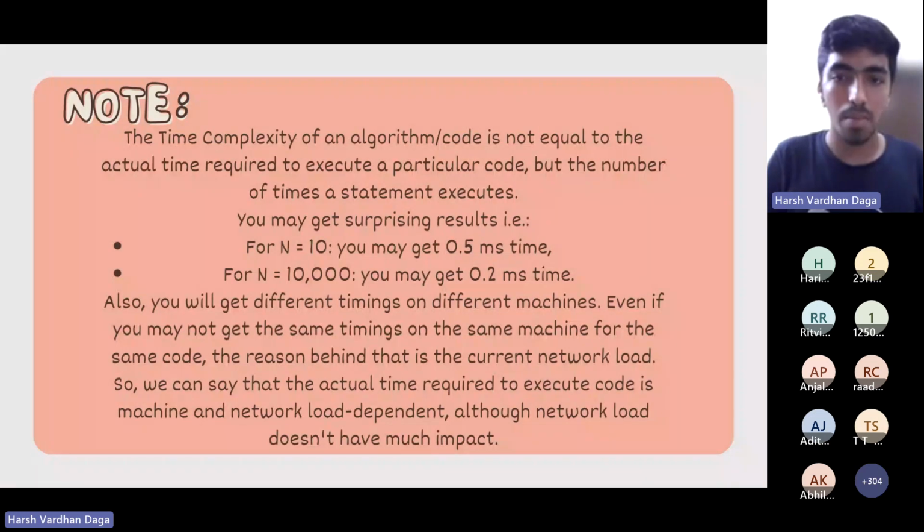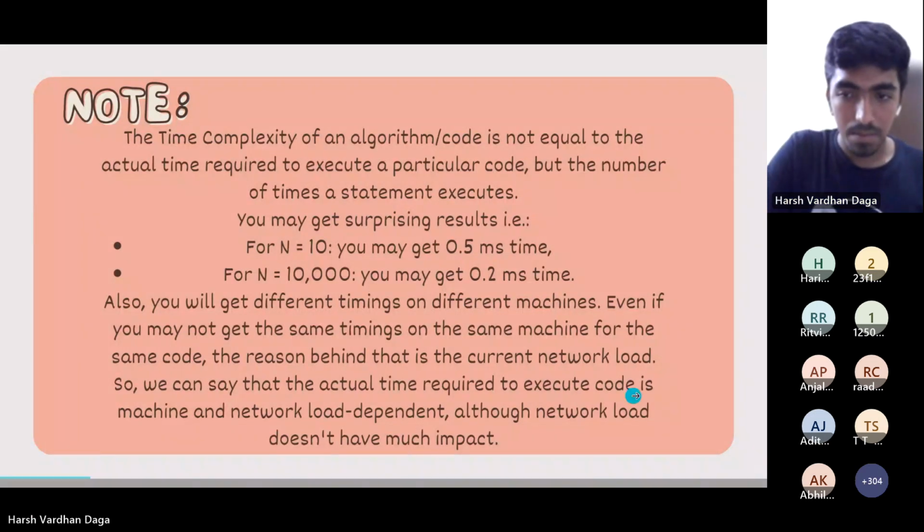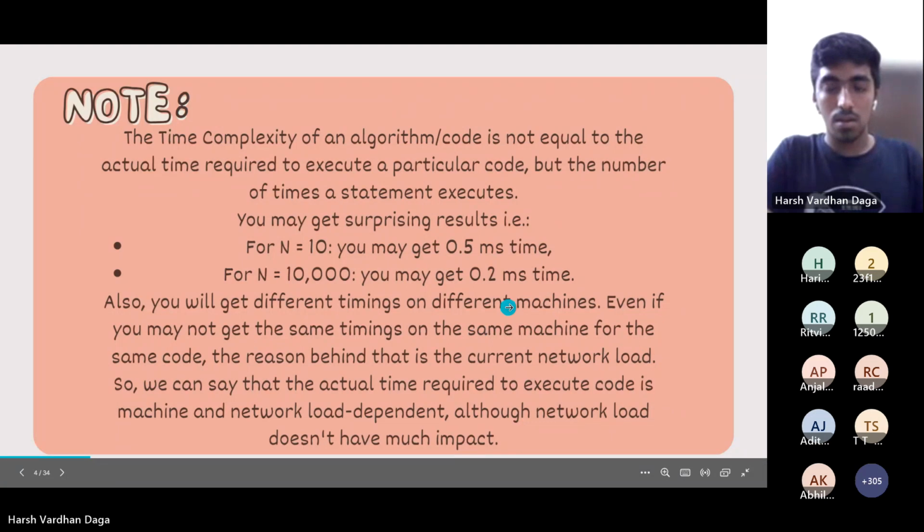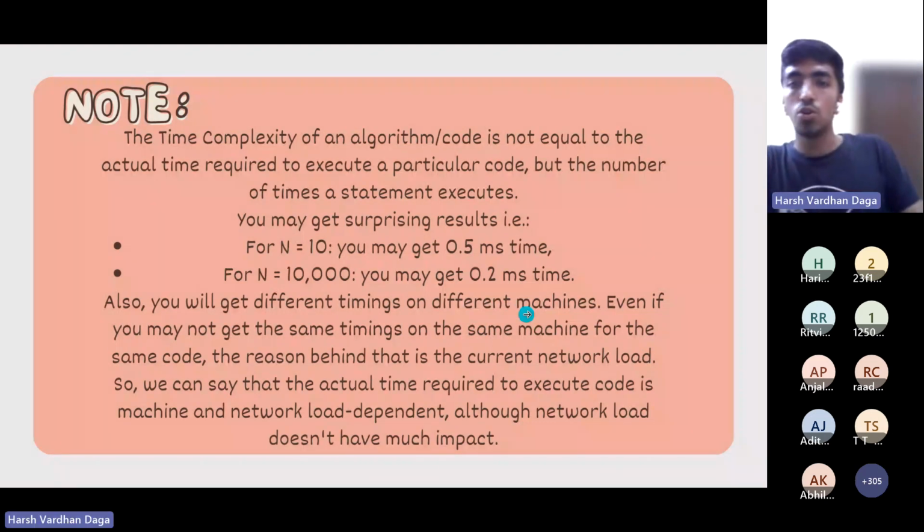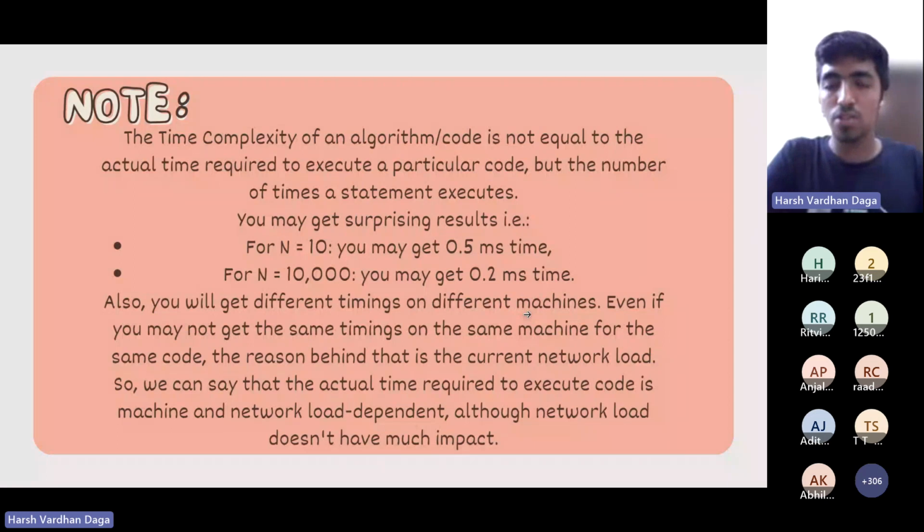That may not be the same. It also depends on another factor, which is network load, but that doesn't affect much. So you just have to keep in mind that time depends on machine to machine and compiler to compiler. That's it.